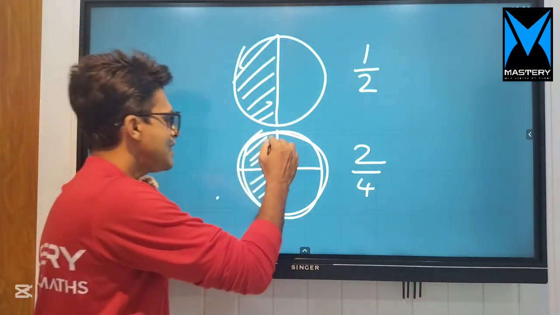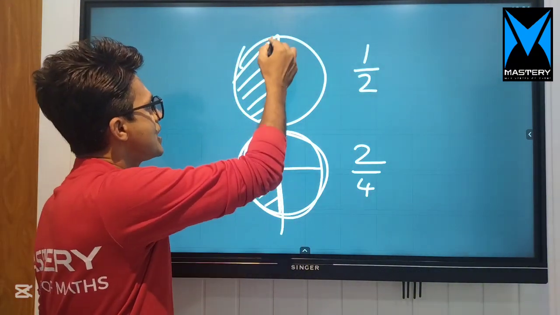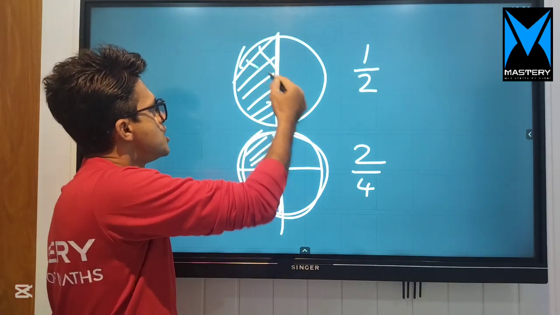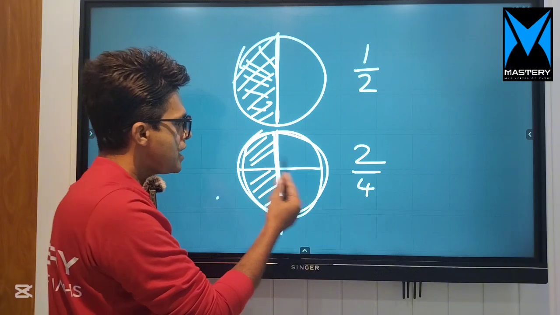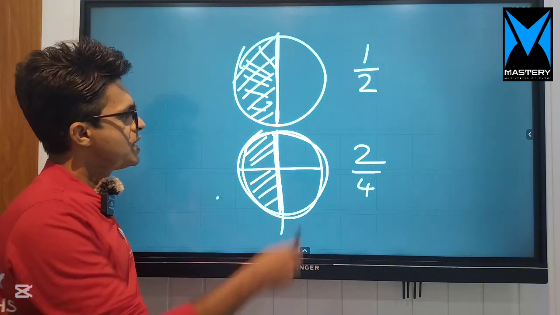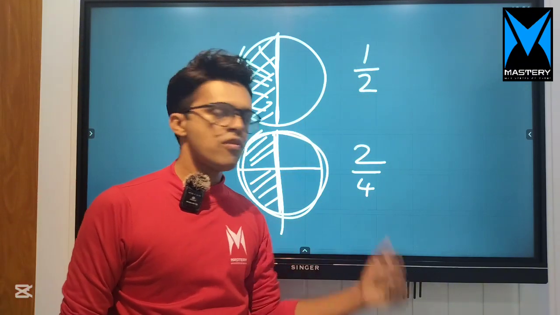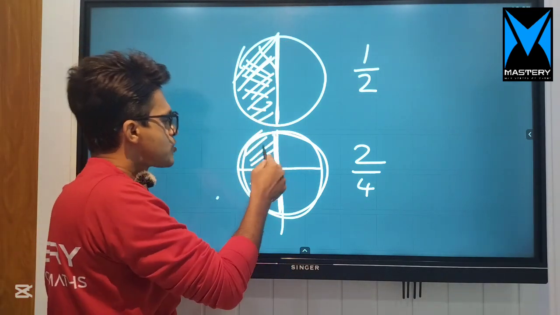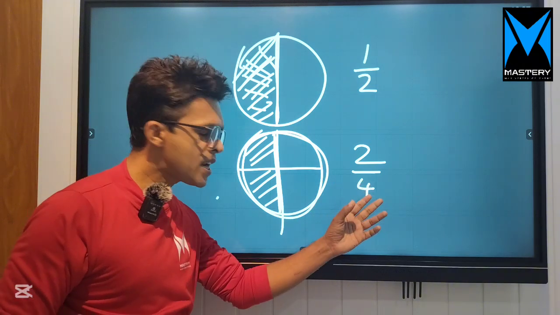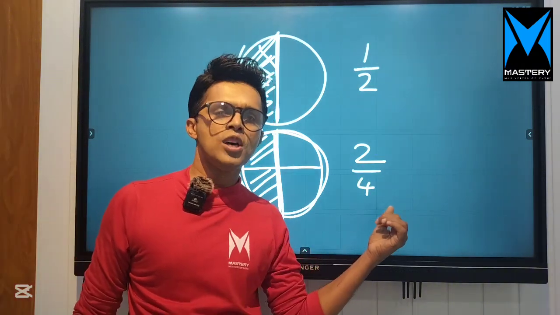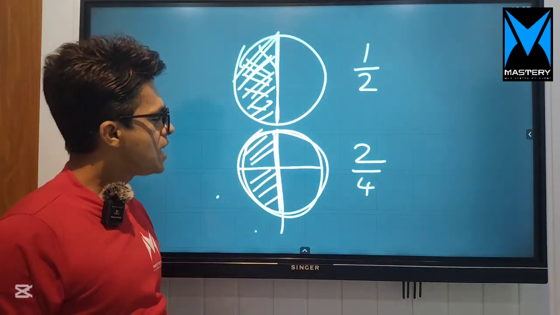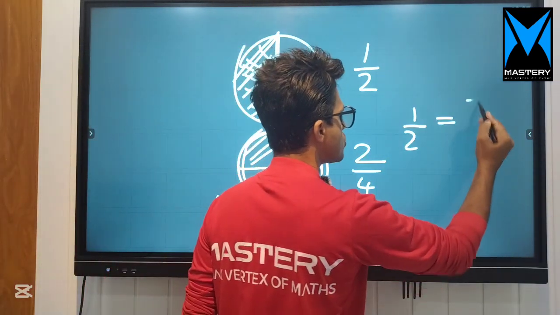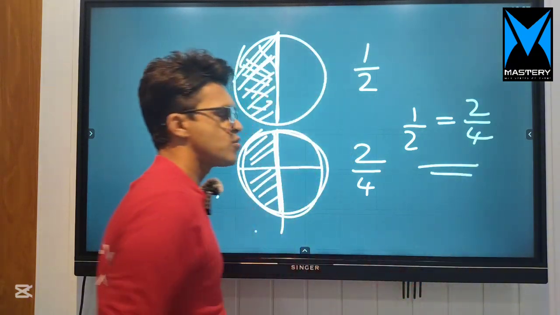But this is really half, the same region. Although this is 2 over 4, this is half. So half equals 2 over 4.